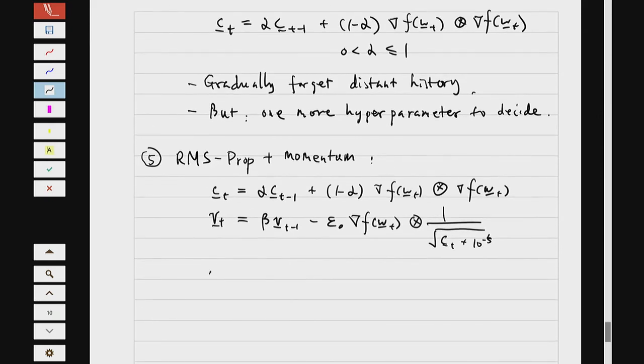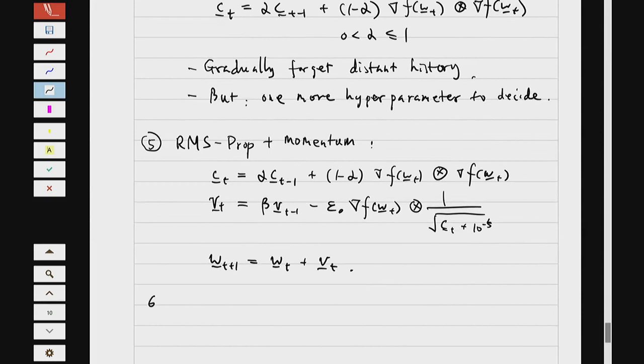And then you say, well, w_{t+1} is equal to w_t plus v_t. So this is how you include momentum into anything, pretty much, right? If you compare the basic SGD and SGD with momentum, it has the exact same form of adding the momentum. So nothing really new here.